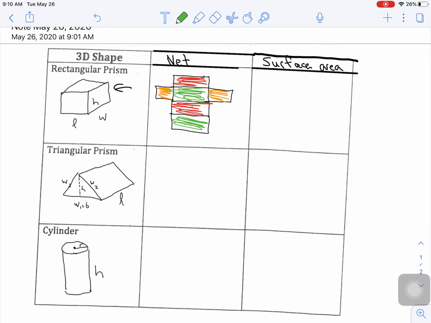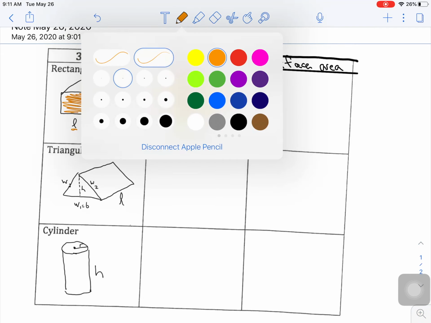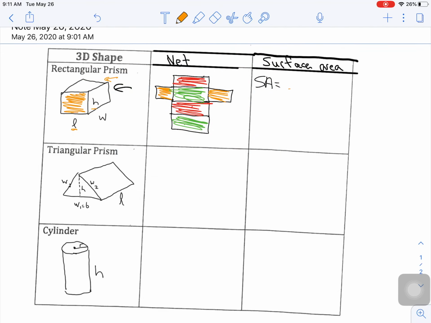So to find the formula for this, we could say surface area is equal to, well, the orange rectangles: this one, and there's one on the back side over here as well. So there are 2 of those, and the formula is length times height. So our orange is 2 times length times height.